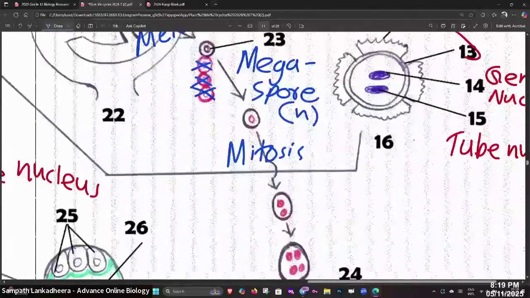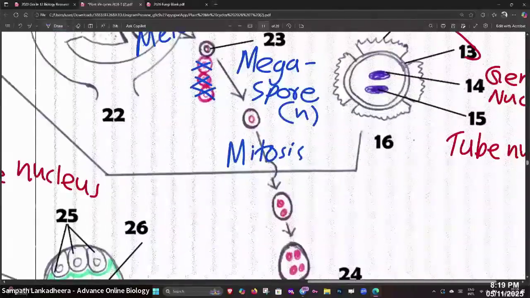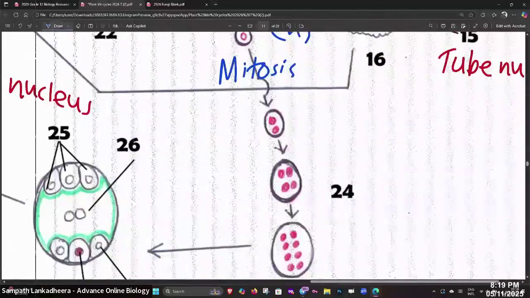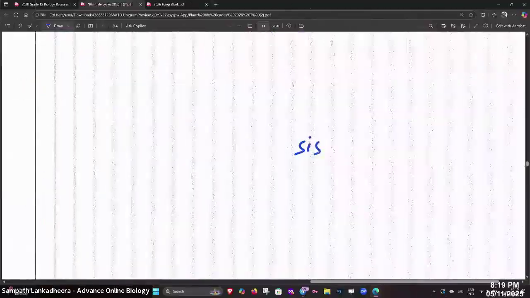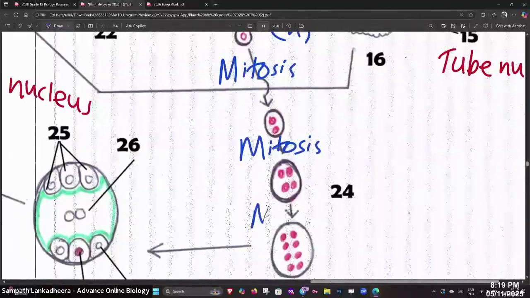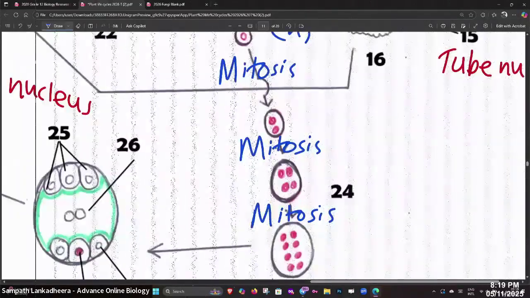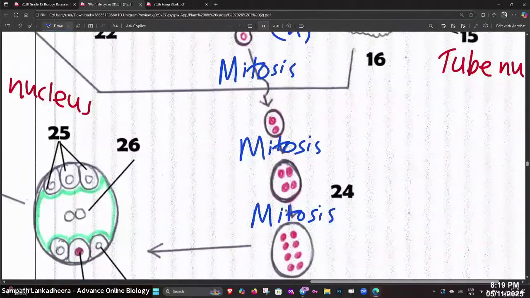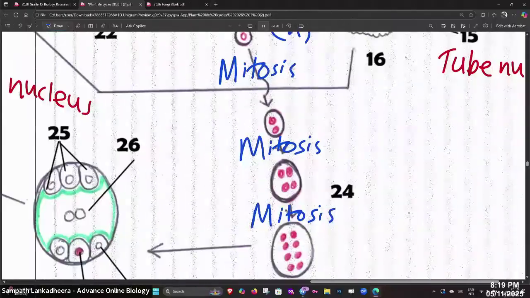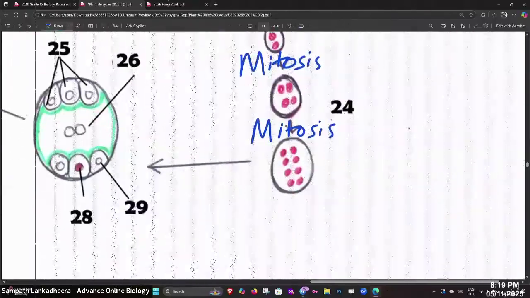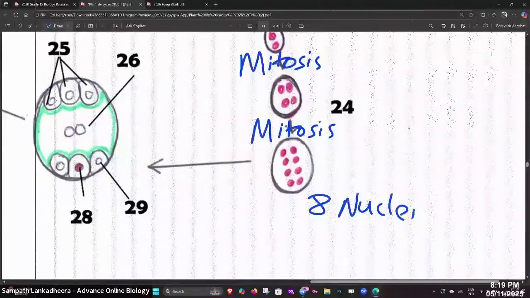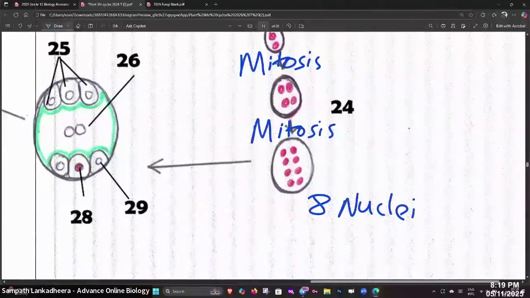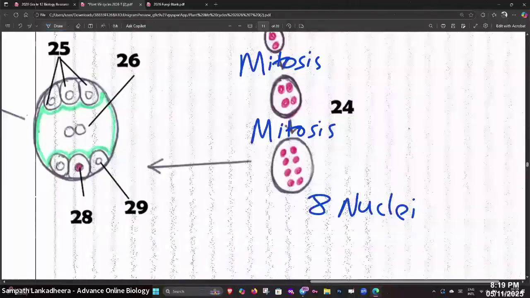Mitosis happens 3 times. And then how many nuclei does it form, people? It forms 8 nuclei.